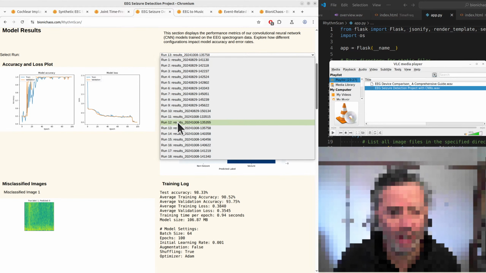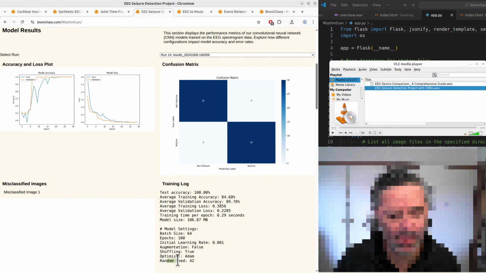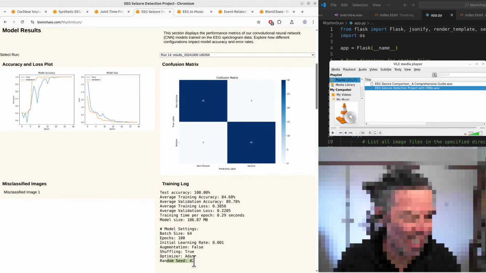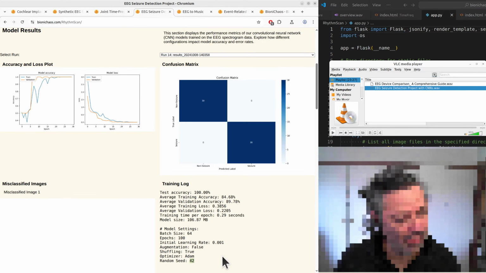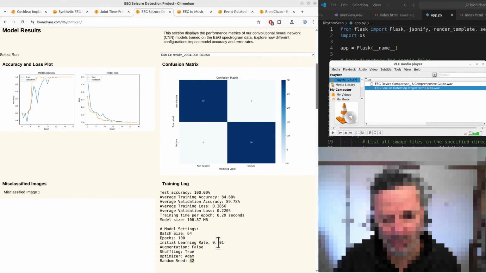And then run 14, we actually added a random seed. I think it's a standard practice, and that 42 number, yeah, it's the answer for everything. Is it the number? Answer for everything?